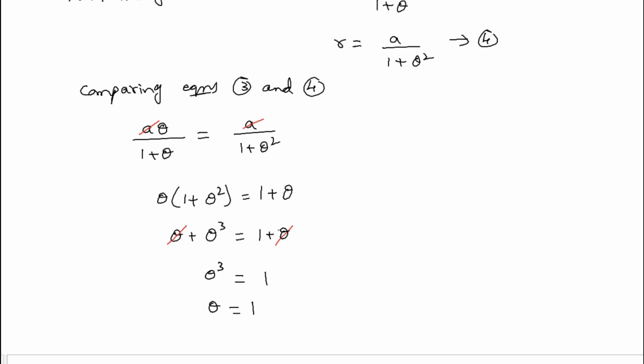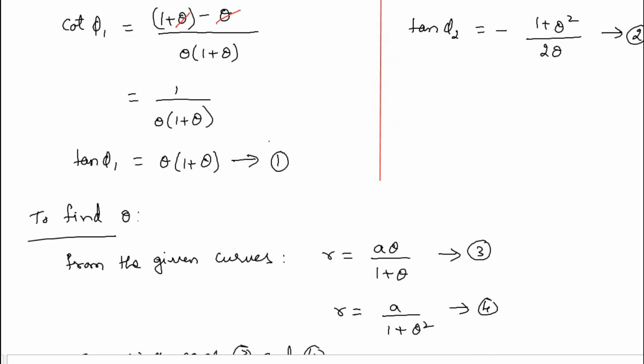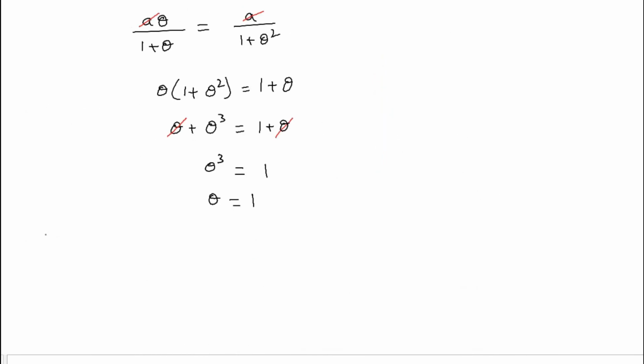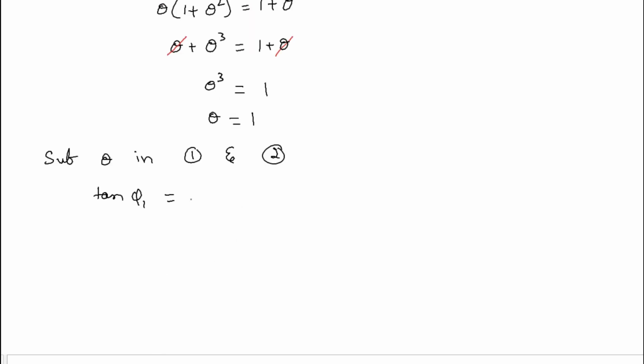So we plug this value of θ back into equations 1 and 2, that is tan φ1 and tan φ2. Equation 1 is tan of φ1, which is θ into (1+θ). With θ equal to 1, its value is 2.